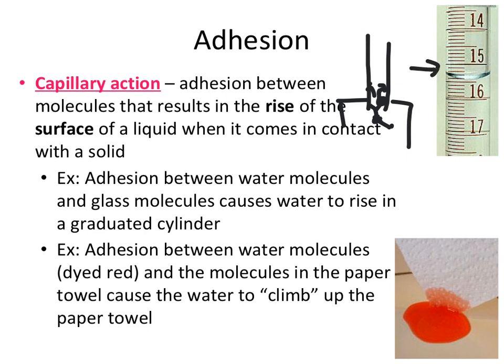So you might see this when you look at a graduated cylinder. Remember, you've seen in previous science courses that the liquid forms a meniscus, and that is because water molecules on the side here are adhering, they're forming hydrogen bonds with the side of the graduated cylinder. Similarly, if you put a corner of a paper towel in a droplet of water, the water will climb up the paper towel because it is adhering, or forming hydrogen bonds, with polar molecules in the paper towel.